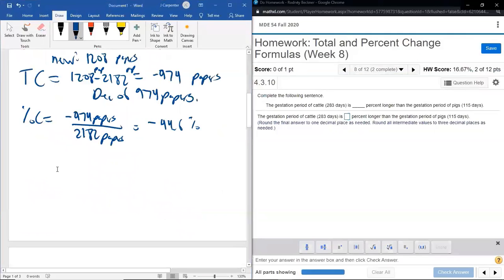Well, we had said that you need to use the language to determine which one is the quote old. So when they say longer than the gestation period of pigs, we're going to say that pigs is the old since that is the one being compared to.